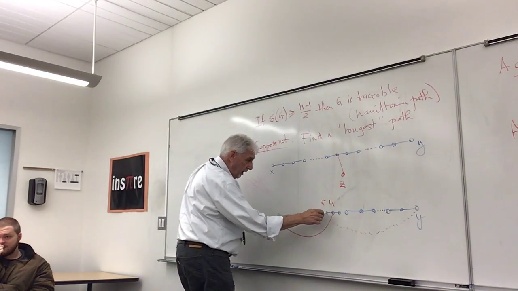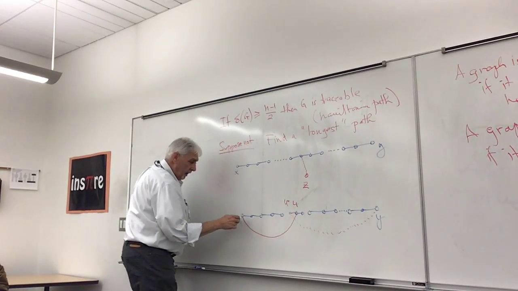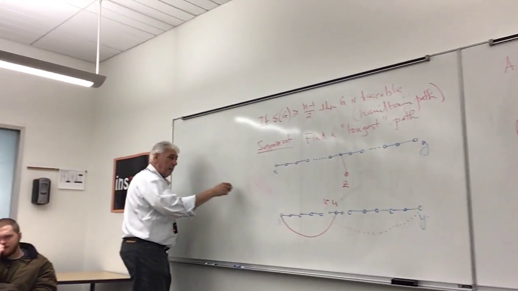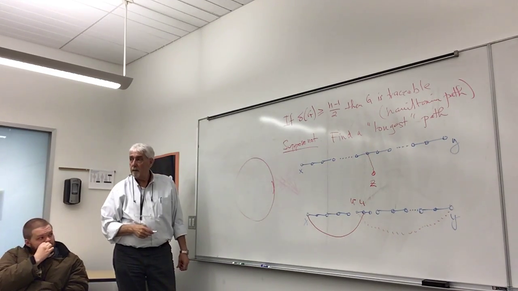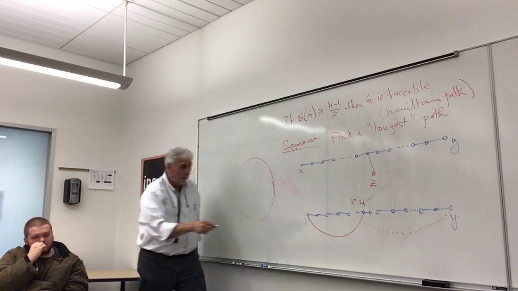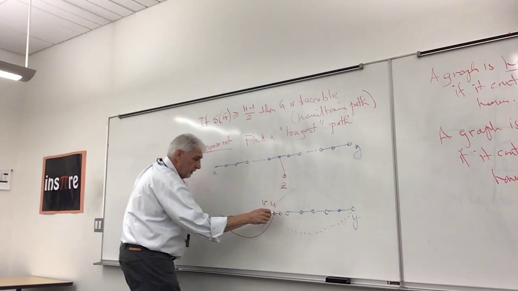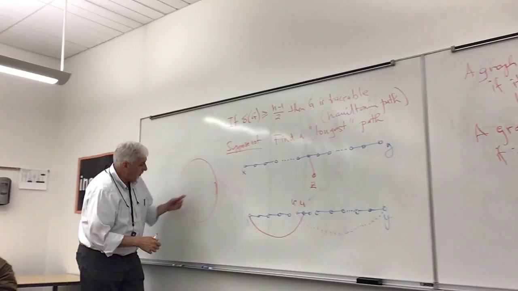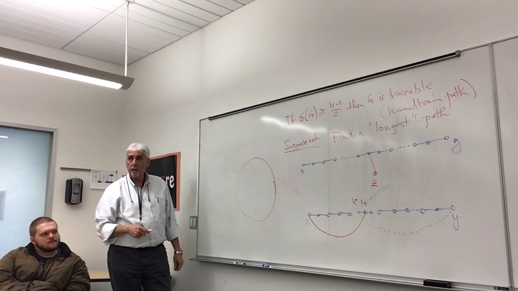I come down here, I go from u minus down to y, all the way down to u, and come down here, and now I'm going to reshape that. That looks like this. I go down from x over to here, down to y, down here, and back here. So this contains all the original blue points.